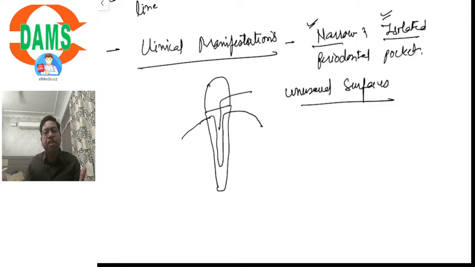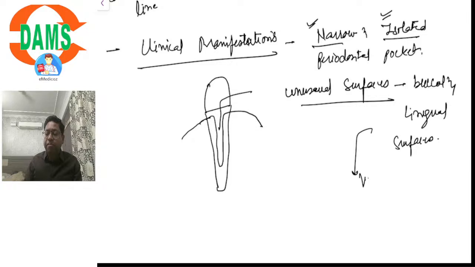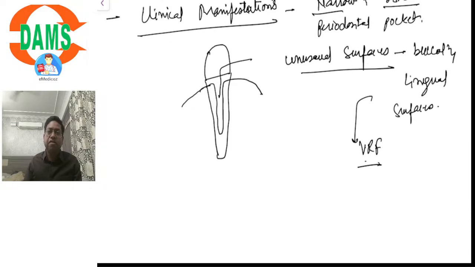On the contrary, when we are examining a patient with a narrow and isolated periodontal pocket on unusual surfaces like buccal and lingual surfaces, the possible reason can be vertical root fracture in the majority of cases.